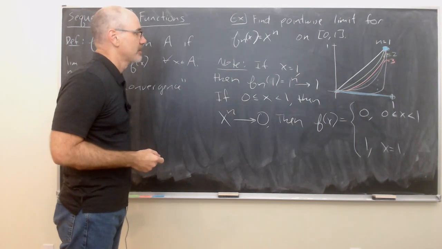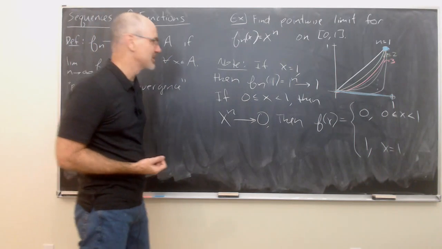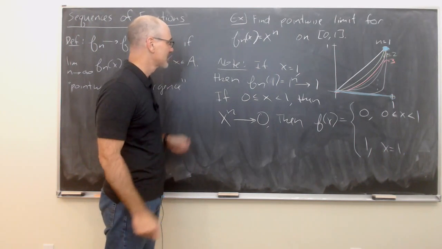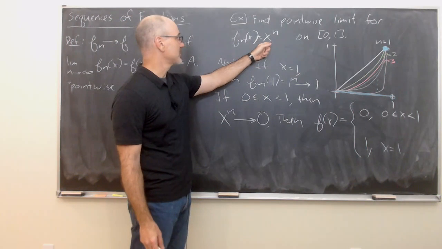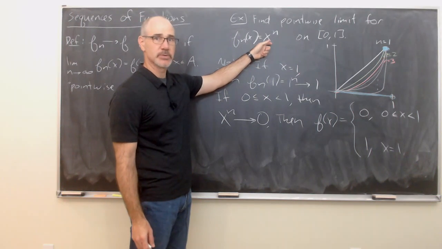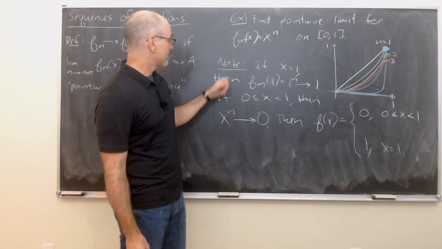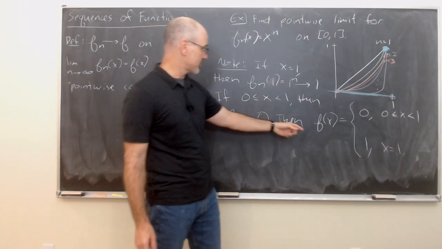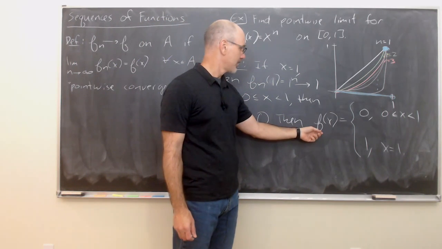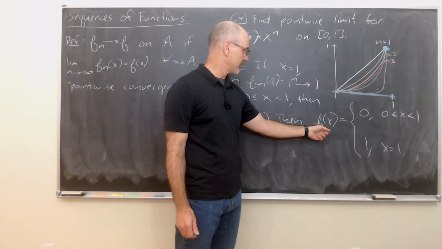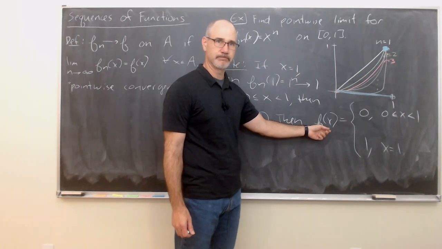Now, this is in some ways kind of an unfortunate example for us, because if you think about what has just happened, we have a sequence of functions that are all continuous on [0, 1]. And the sequence of functions converges everywhere to this function f, but the limit function f isn't continuous on [0, 1]. Right?